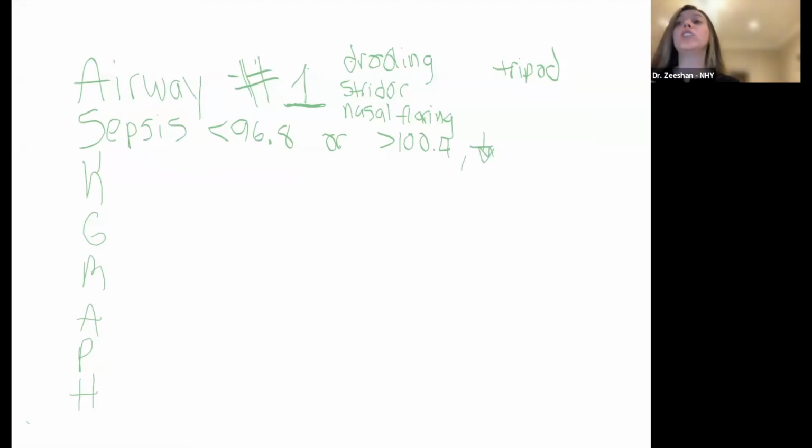Remember these don't go in any specific order, but airway is always number 1. So low temperature, high temperature, low blood pressure, and a high heart rate.